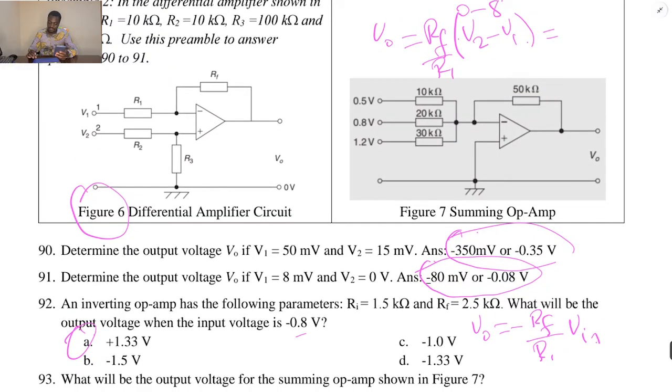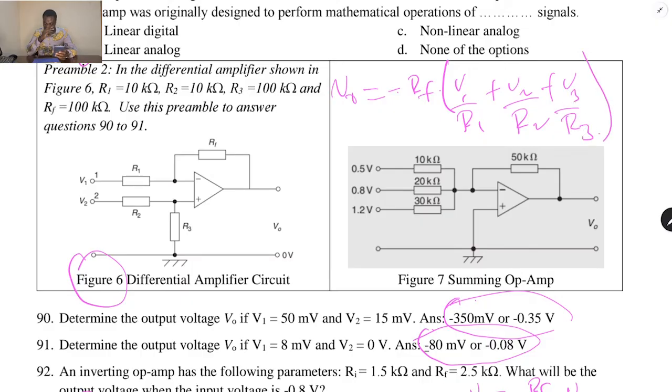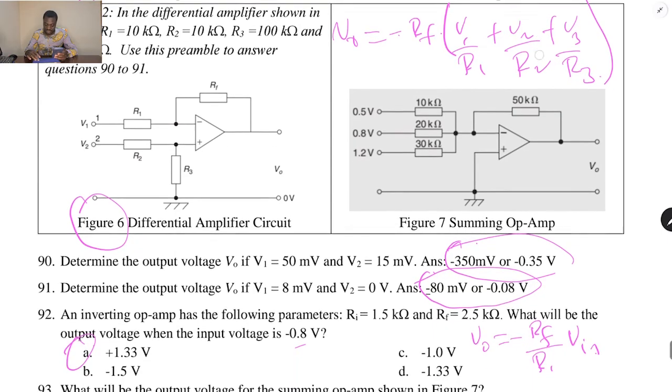Here, the formula is going to be: the output voltage for a summing operational amplifier is going to be equal to minus the feedback resistance, then we have V1 over R1 plus V2 over R2 plus V3 over R3. So this is the formula, and we can just use it straightforward.